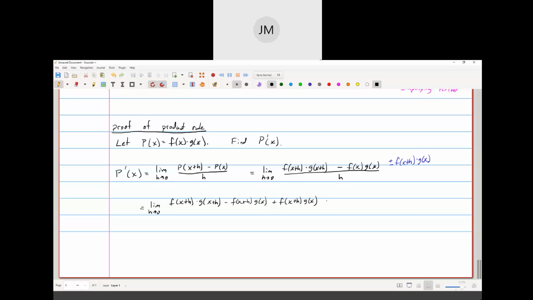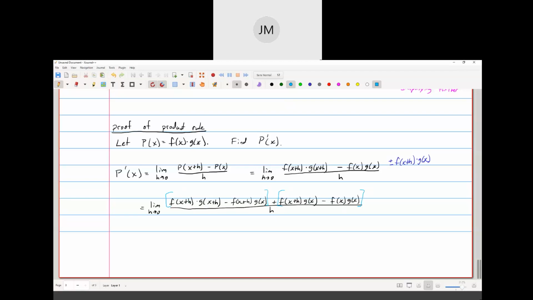And then my last term here, minus f of x g of x. So this whole thing is still over h. And I'm going to impose a little bit of artificial organization in here. I'm going to group these two together. And I'm going to group these two together.